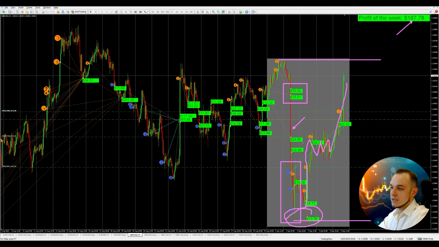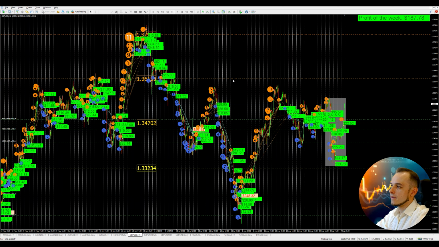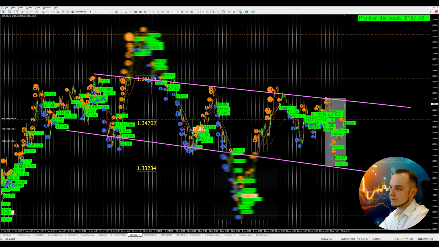So far it's too early to say that we are in a downtrend or in an uptrend by the results of this week. If we check the global picture, from my point of view, we still have this downward incline. If we build the channel line like this and exclude areas with high volatility, this one and this one, we can see that basically the market is going downwards.